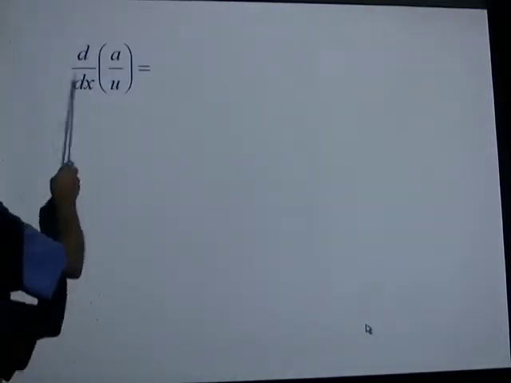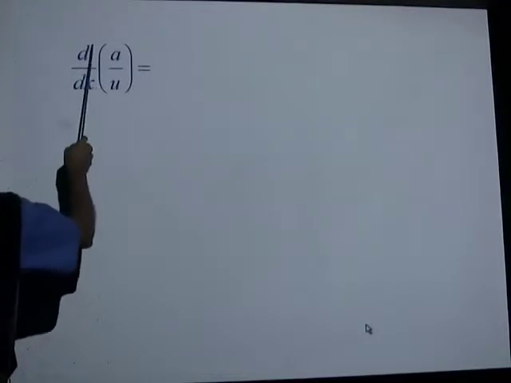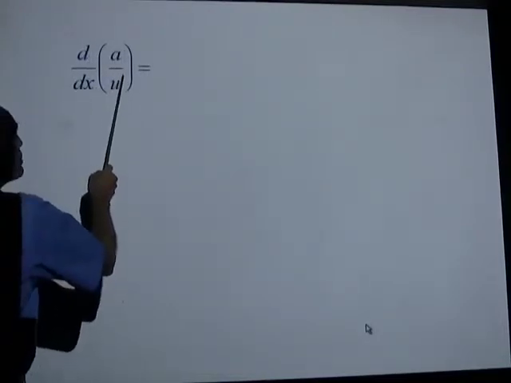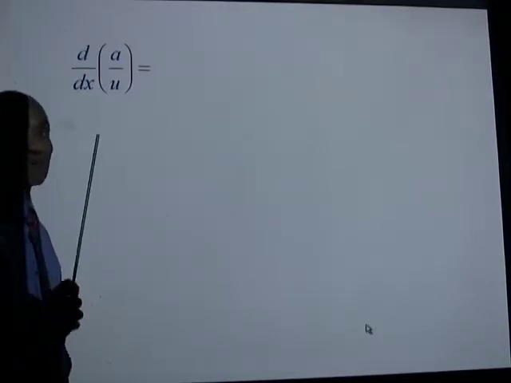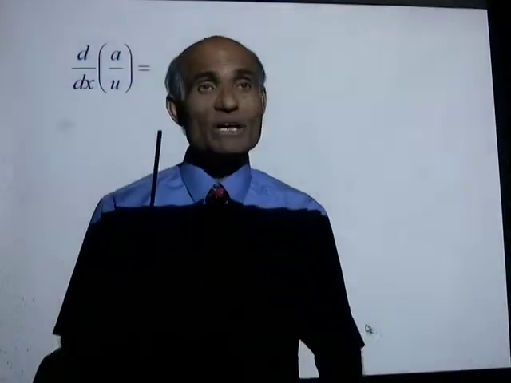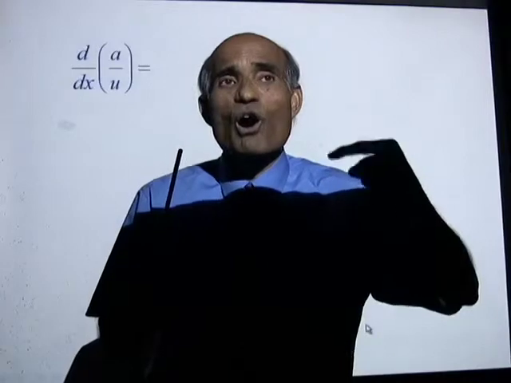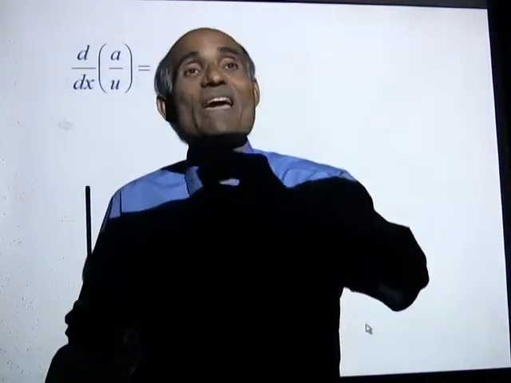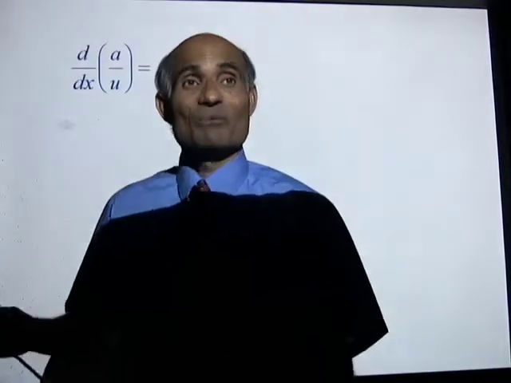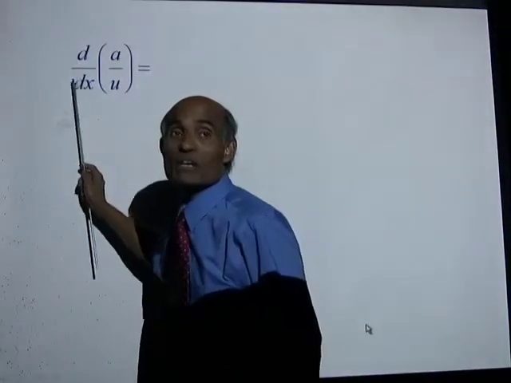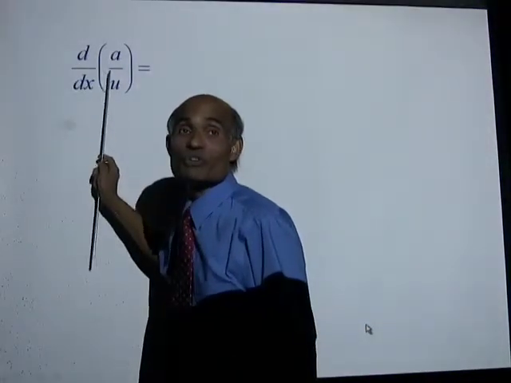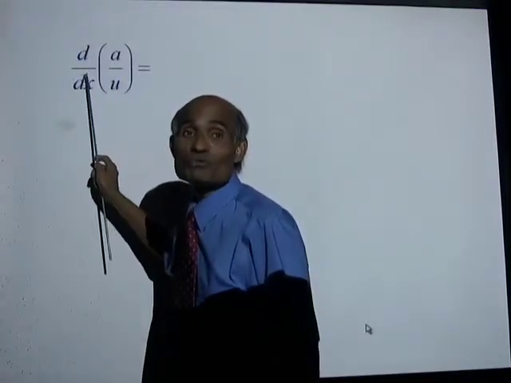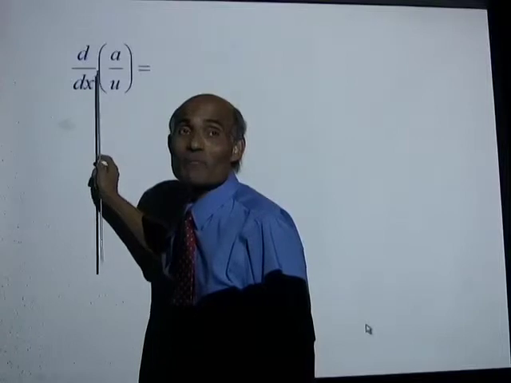All right, tell me, what is this? d by dx of A over U. Well, just be careful there. You know that d by dx of A over x is negative A over x squared. But here it is d by dx of A over U, the derivative of A over U with respect to x.